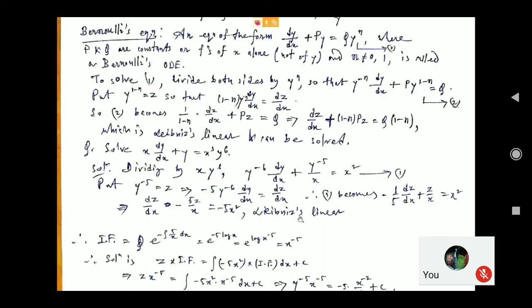Bernoulli's equation is of this form: dy/dx plus py equal to q into y to the power n. But this equation is not exactly of this form.